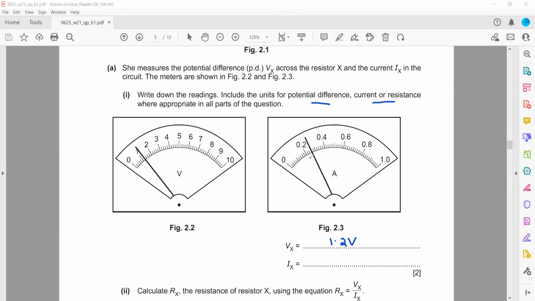Now what is the reading on the ammeter? Because 10 lines are there between 0 and 0.2, each line is representing 0.02.